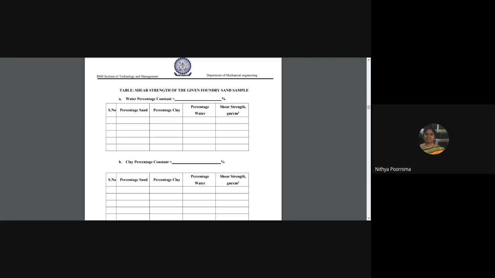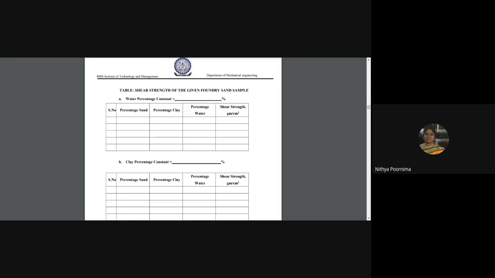Chetan, Panu Shankar. No doubts? Ashit, Shashank, any doubts here?